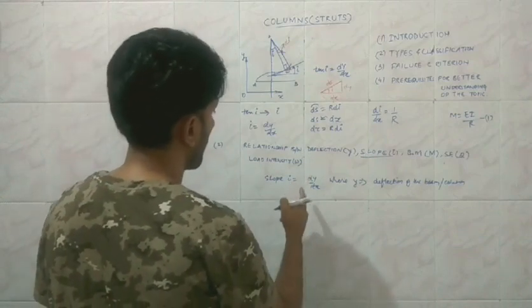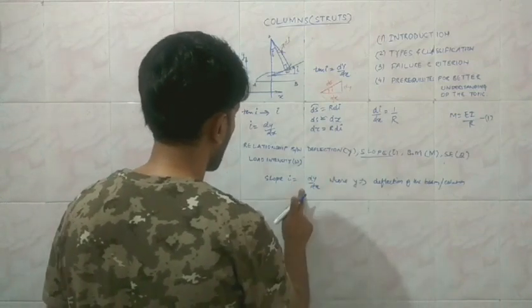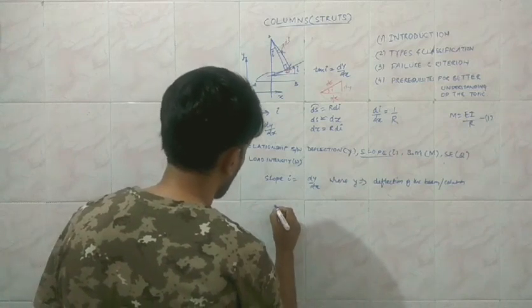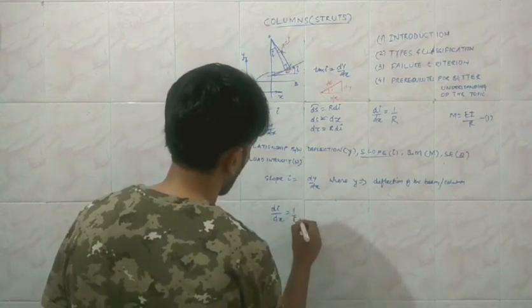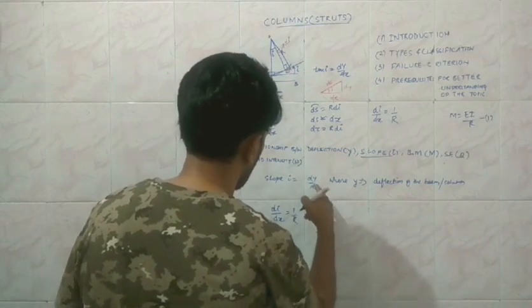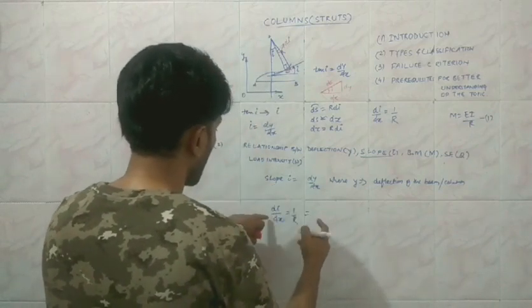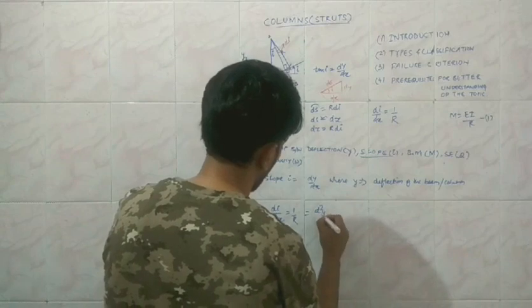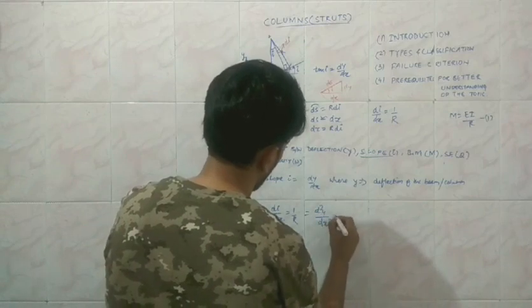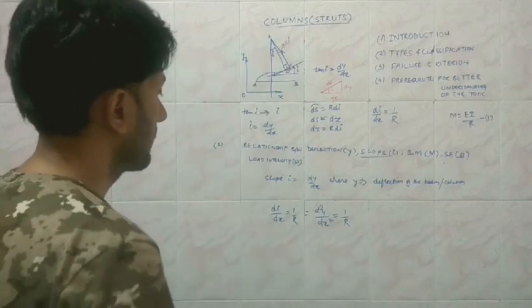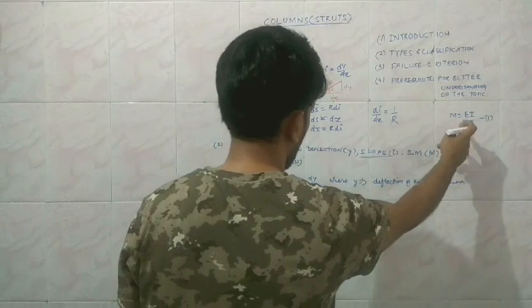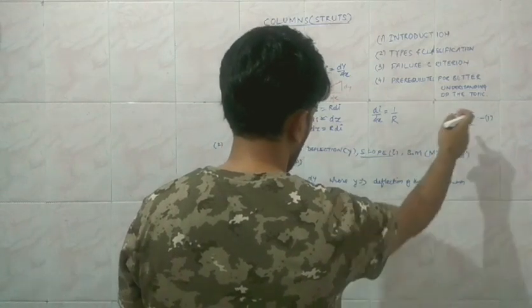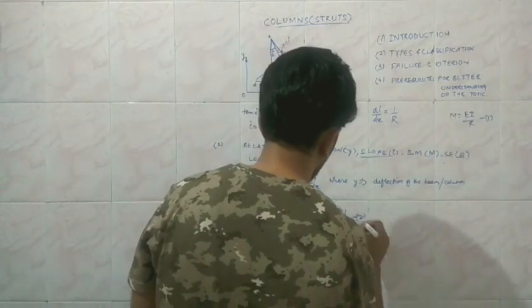Then from this relationship we are able to find out the rate of change of slope, that is di upon dx is equal to 1 by r, and when we substitute the value of i over here, it is the second derivative of y, d square y upon dx square, is equal to 1 by r. So this is another relationship, say this is equation 2.